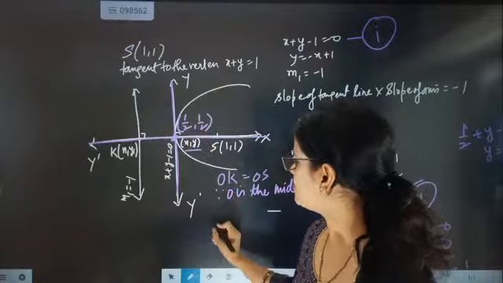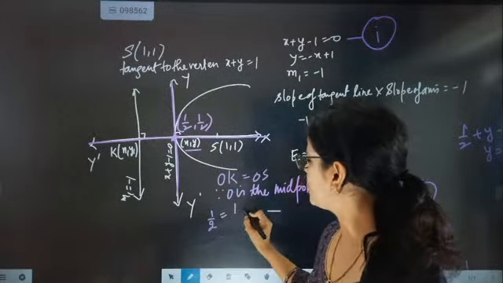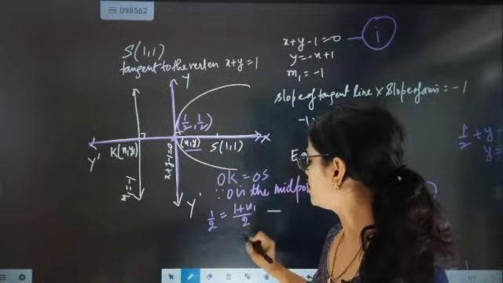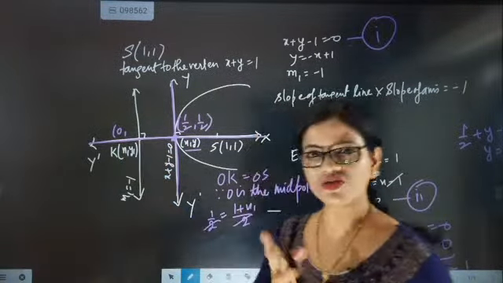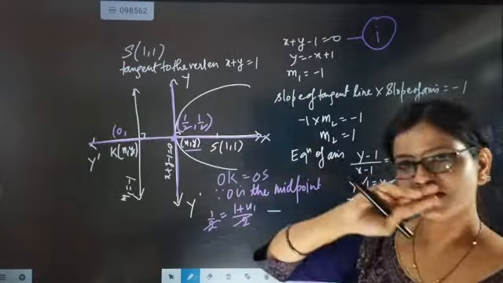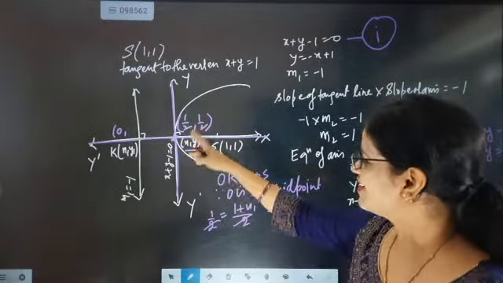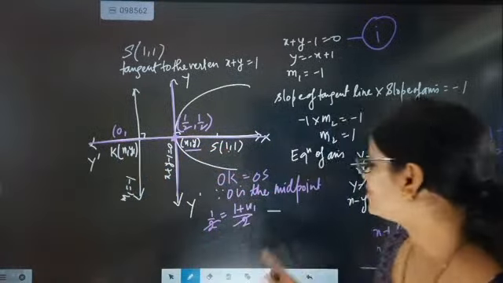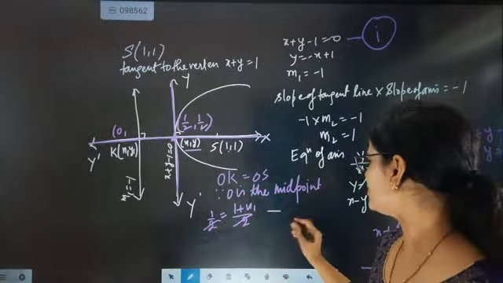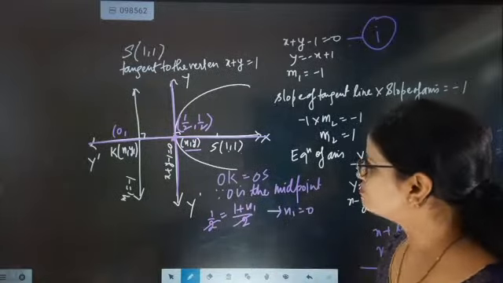So 1 by 2 will be equal to (1 plus x1) by 2. So this cancels, and x1 will come as 0.